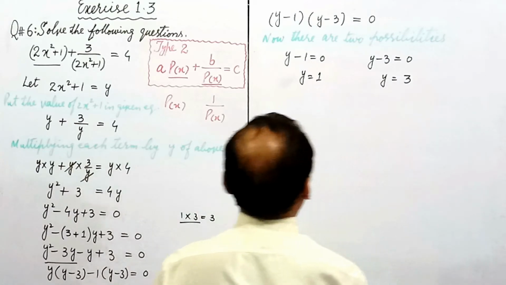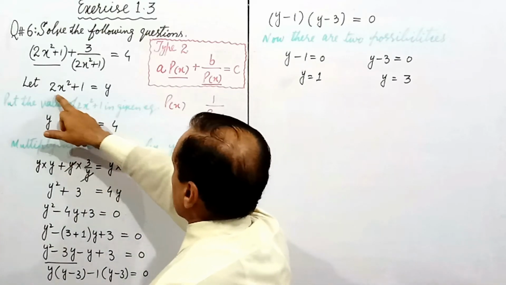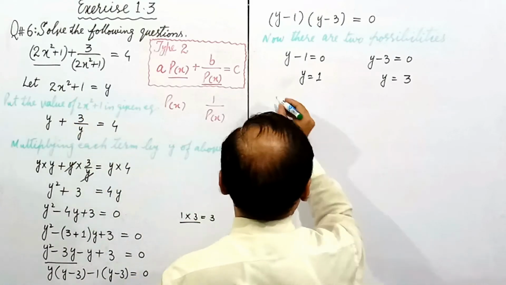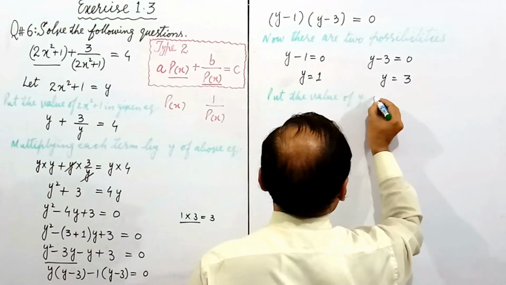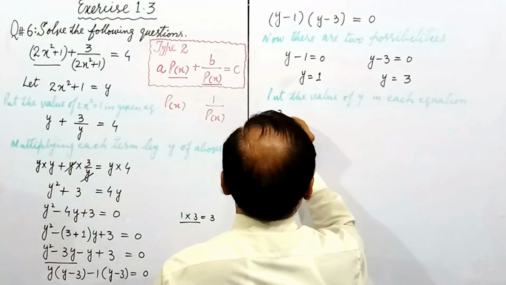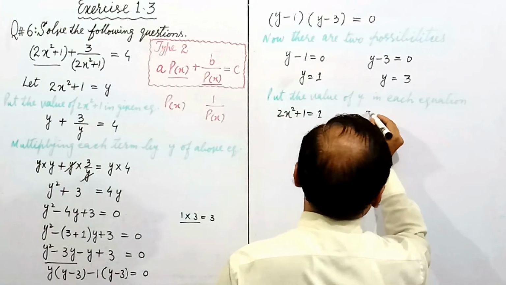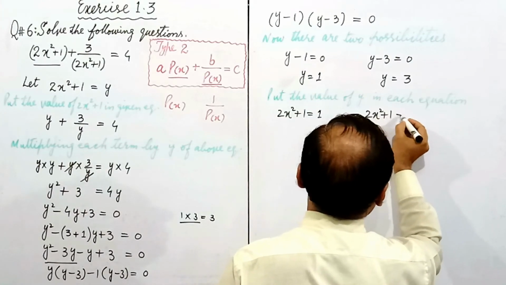Now we have both values of y. We substitute the value of y by 2x square plus 1. 2x square plus 1 is equal to 1. 2x square plus 1 is equal to 3.